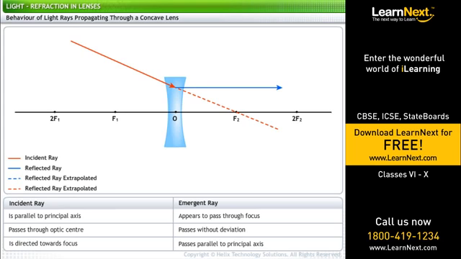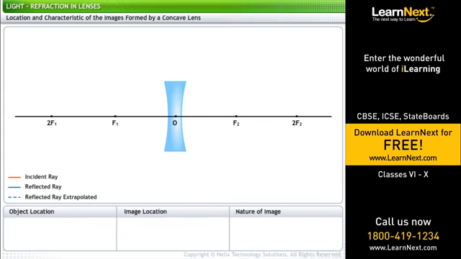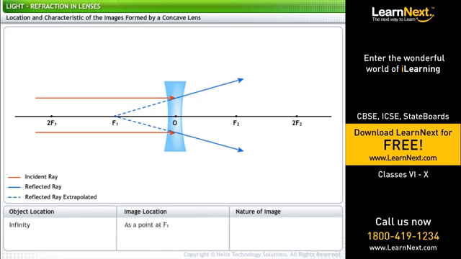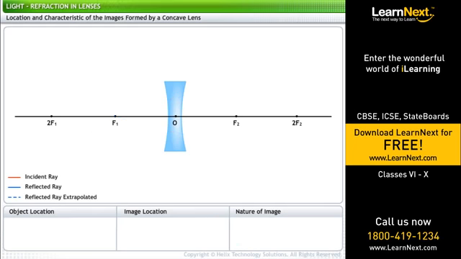Thus, we can predict the positions and the characteristics of images formed using concave lenses, based on how a light ray is incident on the lens. For each position of an object, consider two light rays emanating from a point on the object. When the object is placed at infinity, the image is formed as a point at f1 and is virtual, erect and highly diminished.